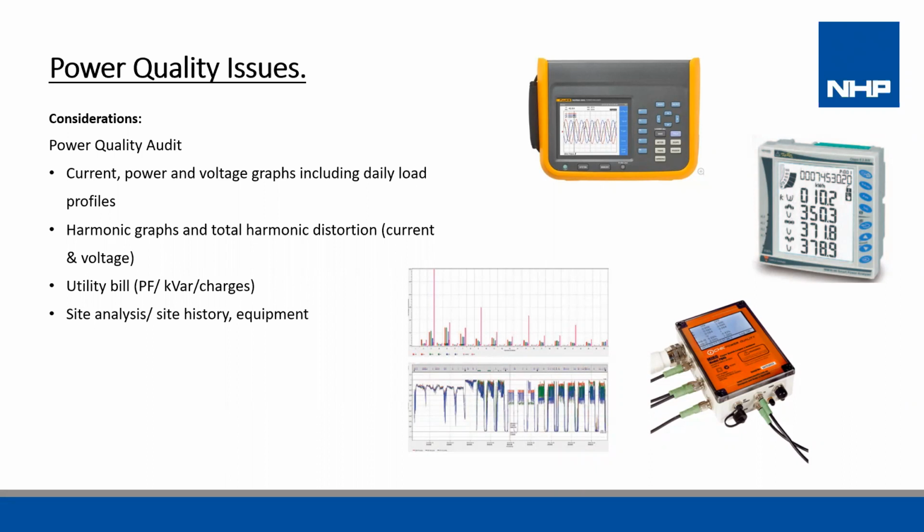If there are excessive single-phase loads, the combination with three-phase loads can indicate a sign of unbalanced loading. So these are all good indications that some level of power quality mitigation might be necessary on site.